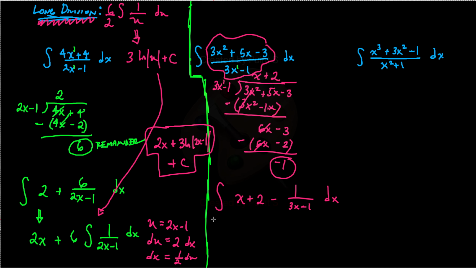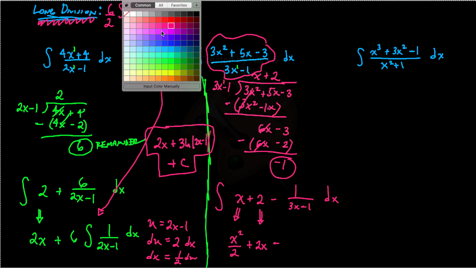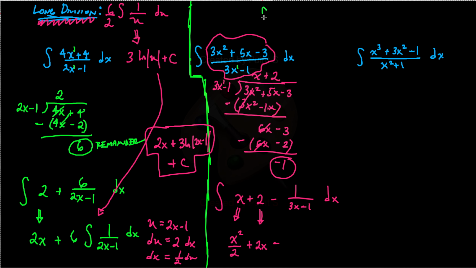Now that I have this, I can find the antiderivative of x. That's just x squared over 2 plus the antiderivative of 2 is just 2x. And then now this, again, minus. This here again, I want to investigate what the antiderivative of 1 over 3x minus 1 dx is.